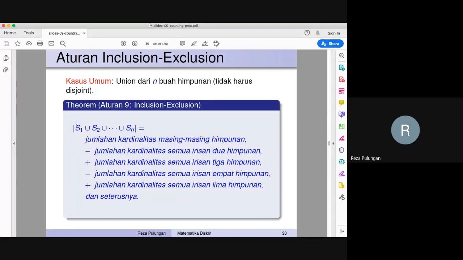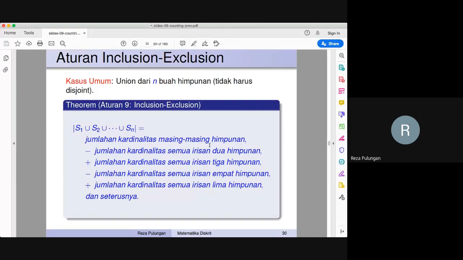In this case, the cardinality of S1 union S2 and so on until Sn is equal to the sum of the cardinality of each set, minus the sum of the cardinality of the intersection of two sets, plus the sum of the cardinality of the intersection of three sets, and so on.